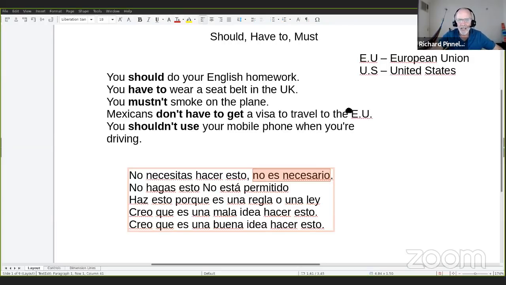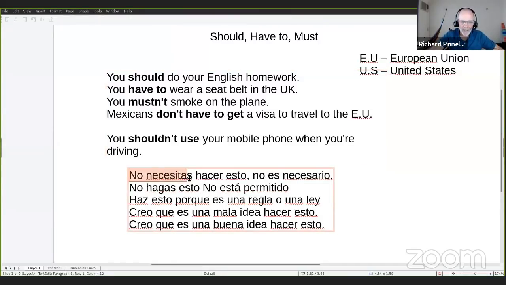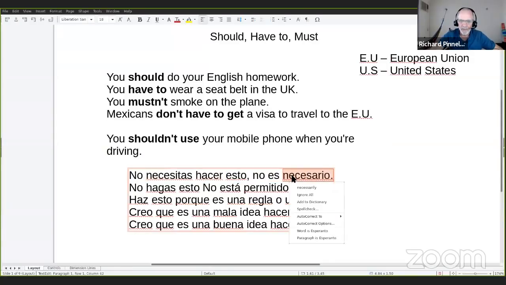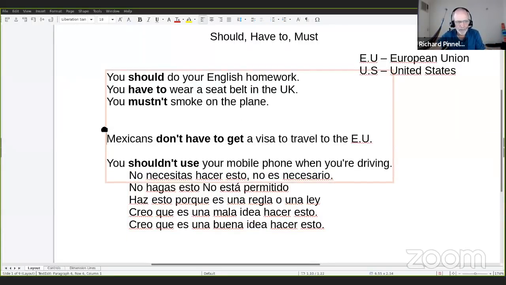Esos tienen la respuesta correcta. Cuando decimos en inglés don't have to get, that means it's not necessary. Let's copy that. Vamos a copiar eso y vamos a ponerlo aquí.